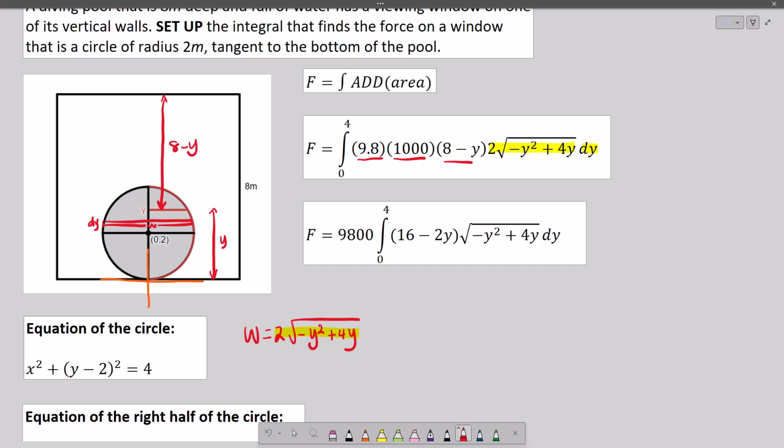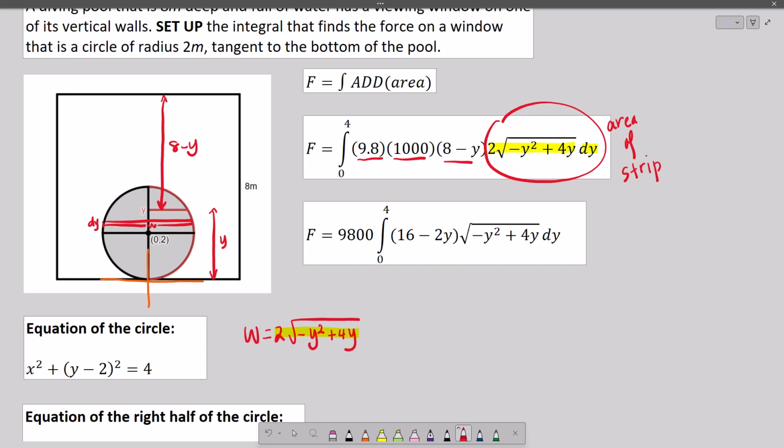So w multiplied by dy gives you area of that tiny horizontal strip. So this is area of strip. So that's where we're at then, and that's our setup for this.